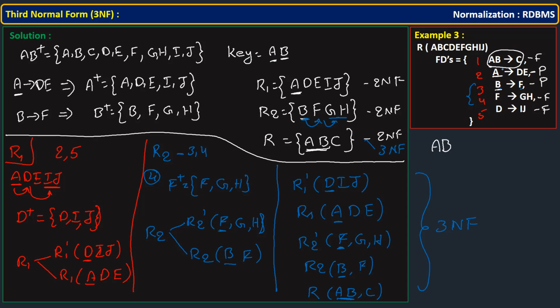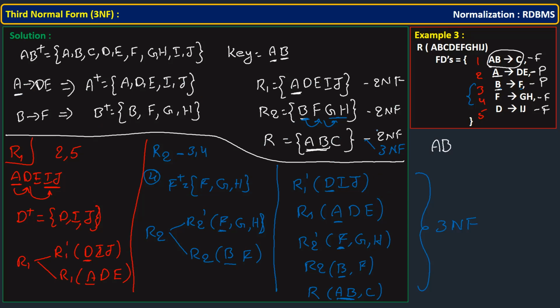If any partial functional dependencies are there, for that particular partial functional dependency, find the closure of the LHS part and make it a separate table. Do that for every partial dependency and make them separate tables. And then in the original table, you take the primary key and add the attributes which are not covered in the other tables.